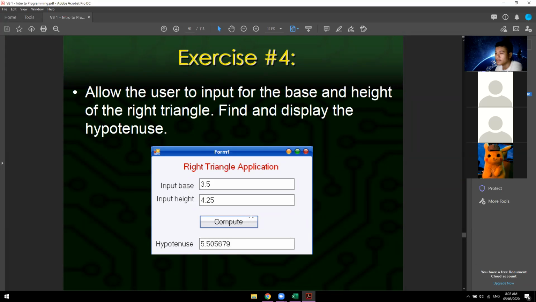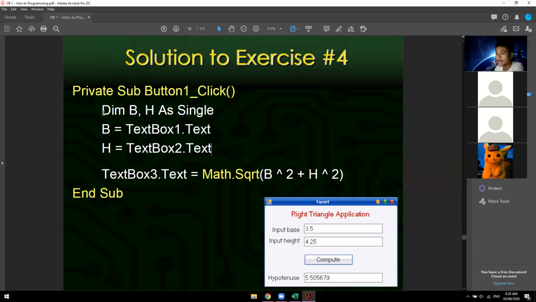Okay? So, dito, meron na rin tayong mga sample codes or ito na mismo yung codes niya actually. Okay? So, yung text box 1 will be passed to your variable b, which is this one. And then, text box 2 will be passed to your variable h, which is your height. Okay? And then, whatever's on the right side will be computed and then will be passed to the left side, which is the result.